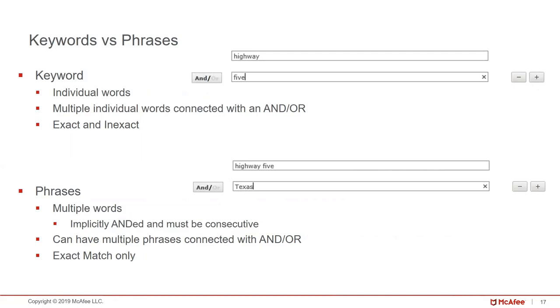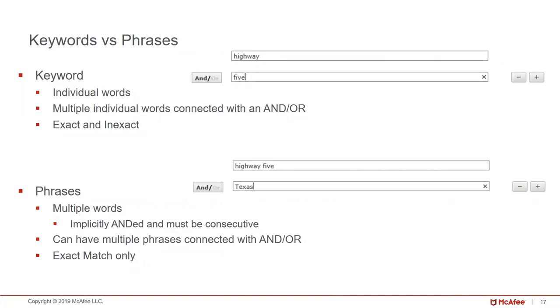Now, a phrase would be considered multiple words within one text field. So I have the example there of Highway 5, and the second search term is Texas. Highway 5 would be considered a phrase because it's two words within the same text field. These are implicitly and, so both of those words have to exist in order for this keyword to trigger, and they must be consecutive.